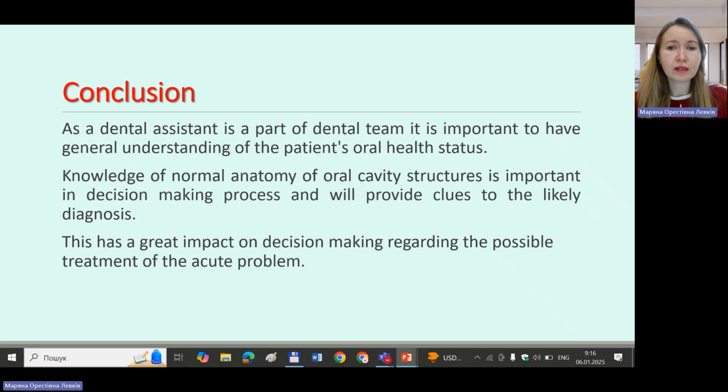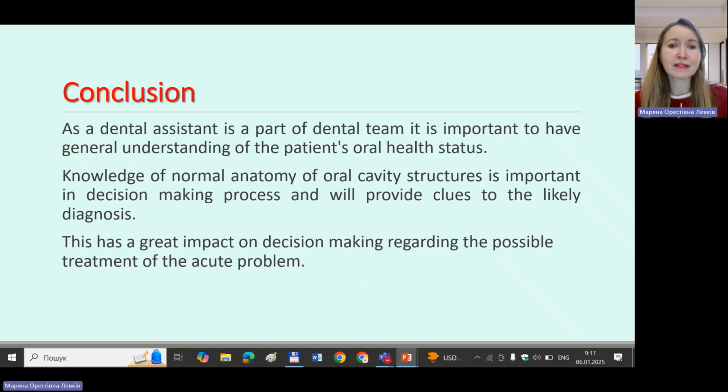In conclusion to this lecture, it is important to state that the dental assistant is a part of a dental team, and it is of vital importance to have a general understanding of the patient's oral health status. Knowledge of normal anatomy of oral cavity structures is important in the decision-making process and will provide clues to the likely diagnosis.